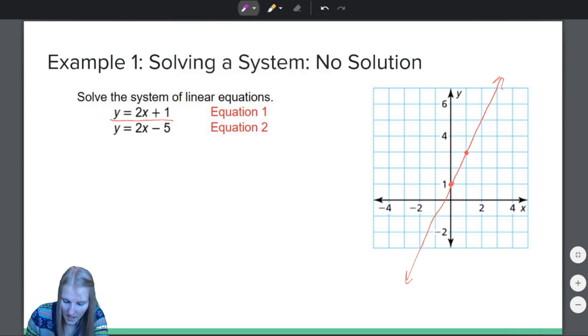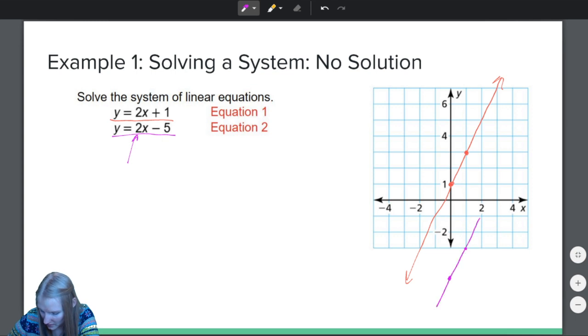Now, if I look at equation number 2, my y-intercept is -5. Oh no, -5. I don't have enough space. 1, 2, 3, 4, 5. -5. And my slope is 2, so I'm going up 2 over 1. Then, here is the graph of my line.